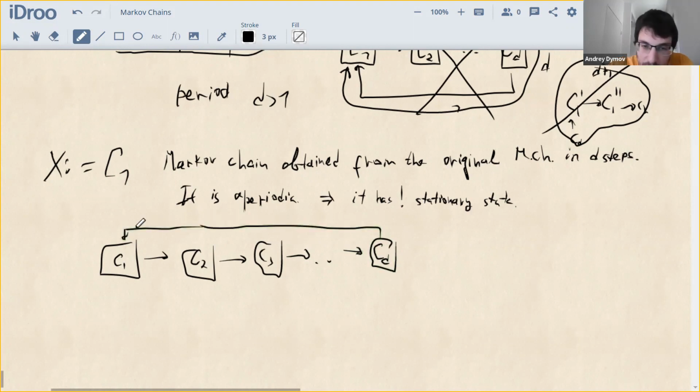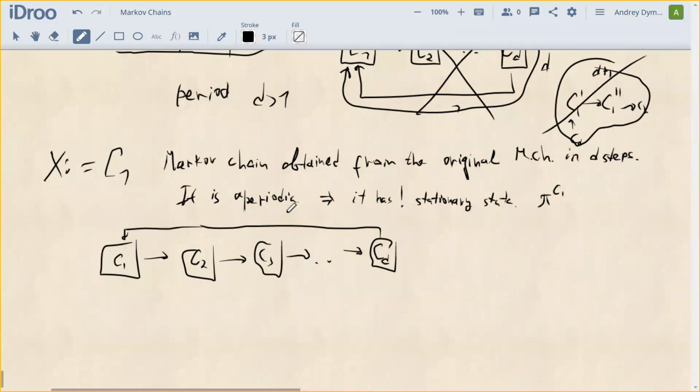Then, do you have any suggestion how you can spread this stationary state, let me call it pi C1, to all the chain? Do you have any ideas? Don't we just concatenate these stationary states?